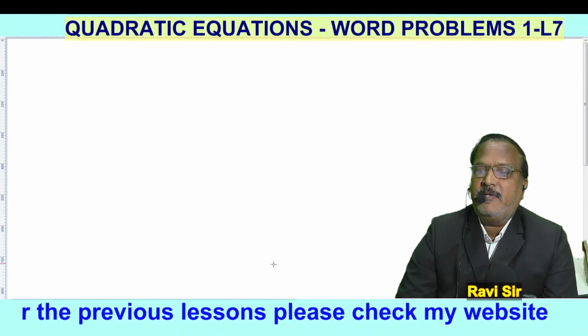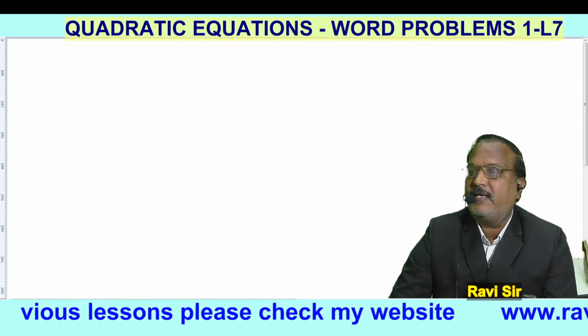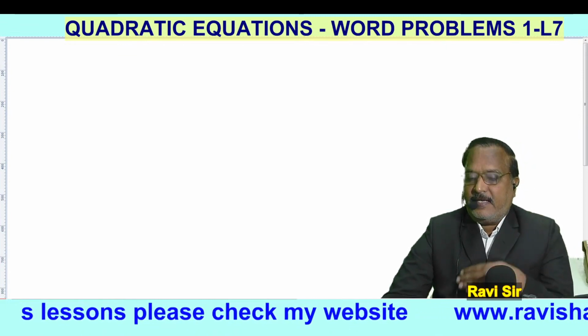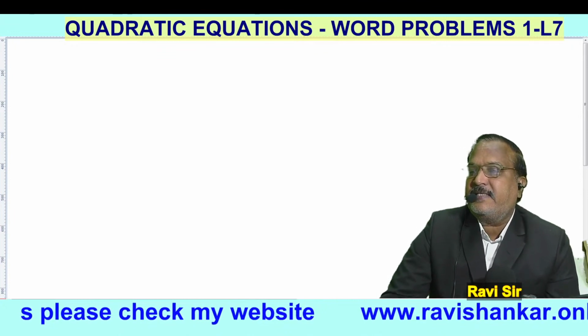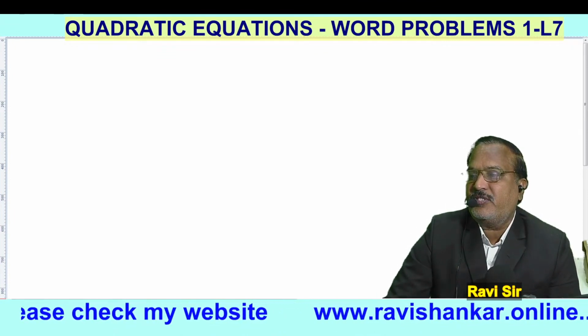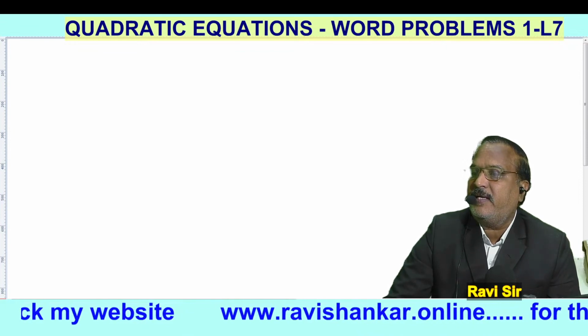So let me go to the second exercise. If you are having a textbook, you can go into the second exercise. I am also looking at the textbook. So in the second exercise, yes, there are two questions. I'll be just copying them.